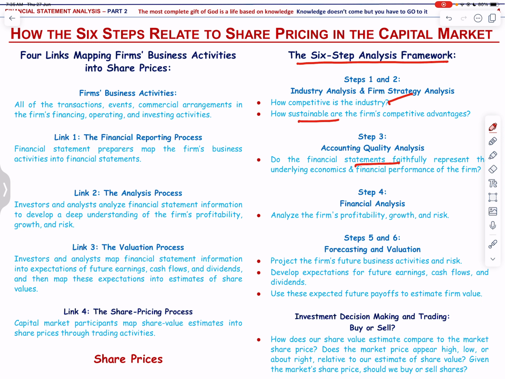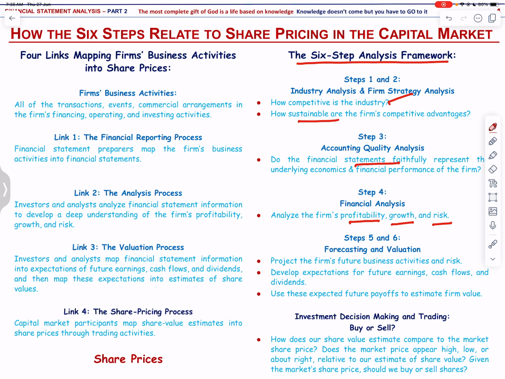In step number 4, we use various ratios to examine the firm's financial statements. We analyze profitability, growth, and risk trends over time and compare them with industry peers.